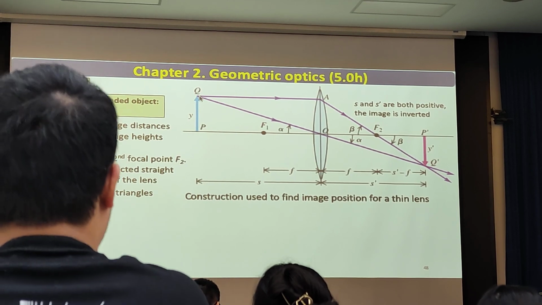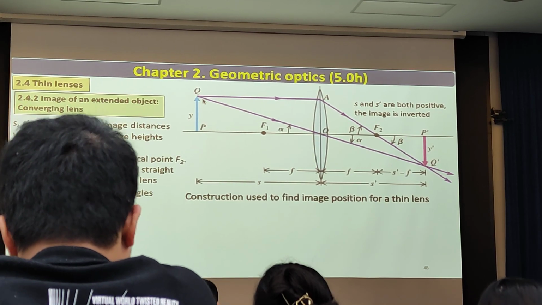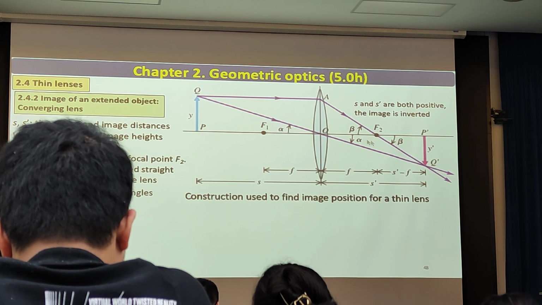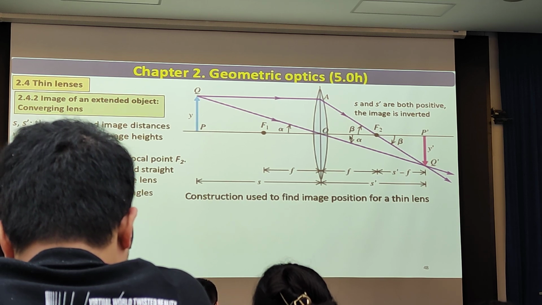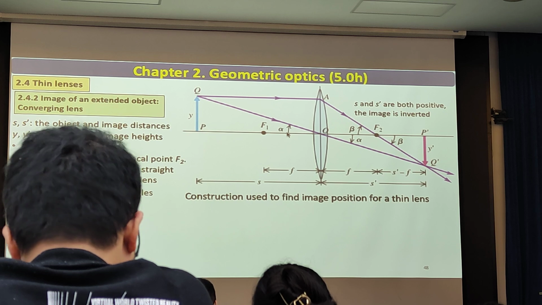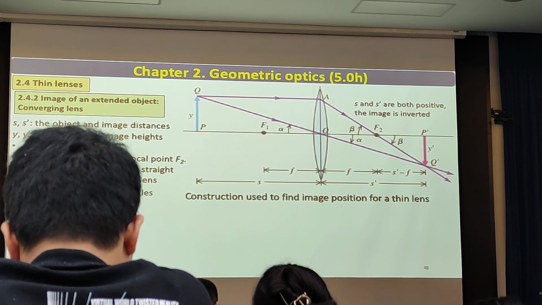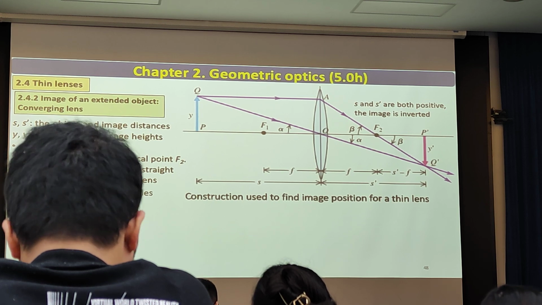So, in that case, we will consider these two similar triangles, PQO and P prime Q prime O. You see these two angles opposite to each other are equal. But they are only similar triangles, not exactly the same.